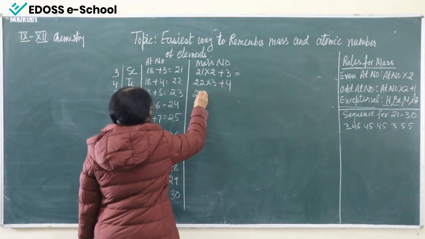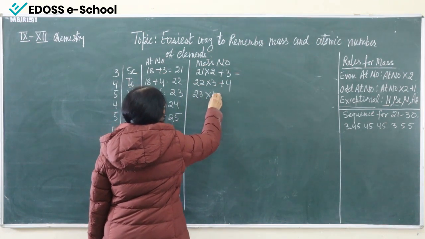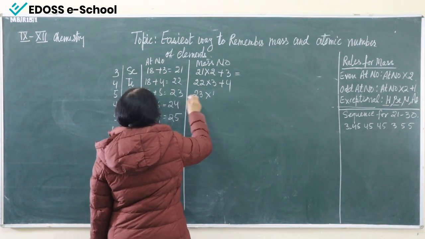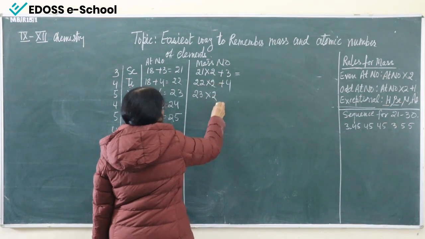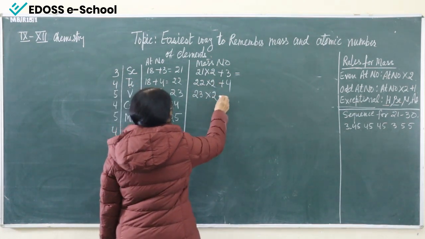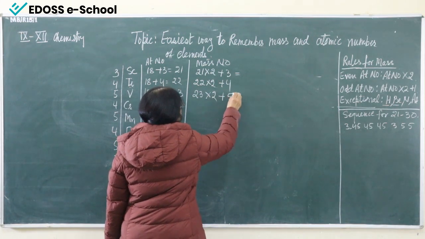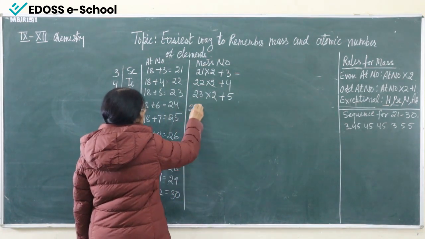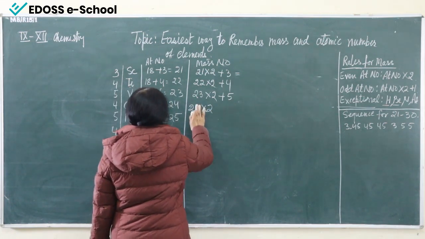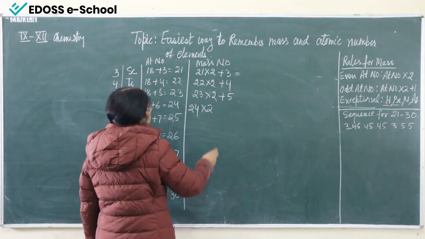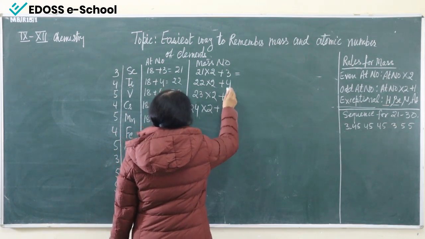This will be 23, sorry, we have to multiply by 2 only, okay. 23 multiplied by 2 plus 5. 24 multiplied by 2 plus 4, 5.